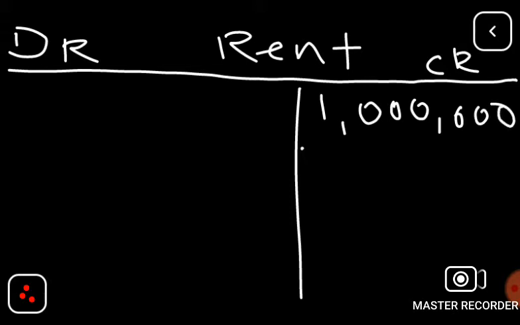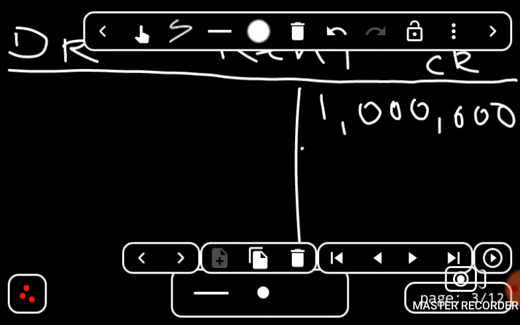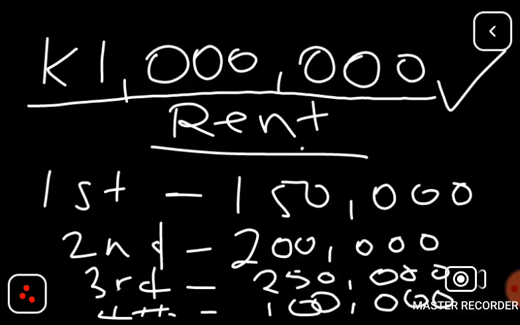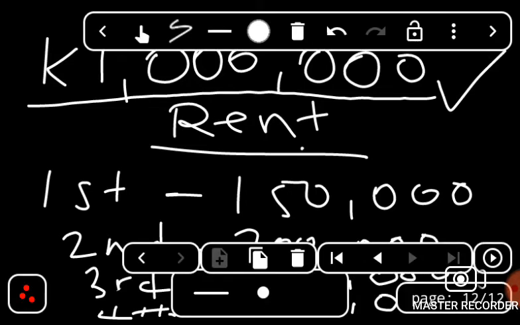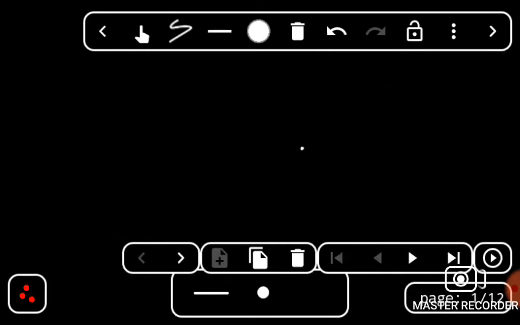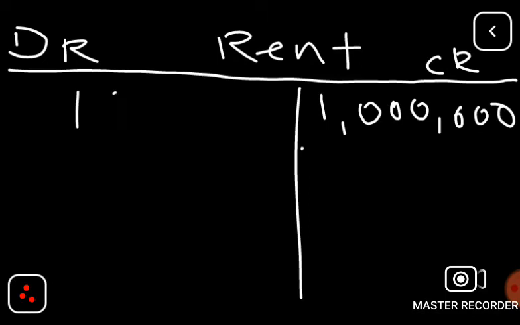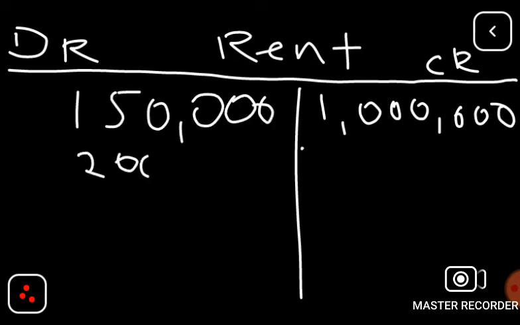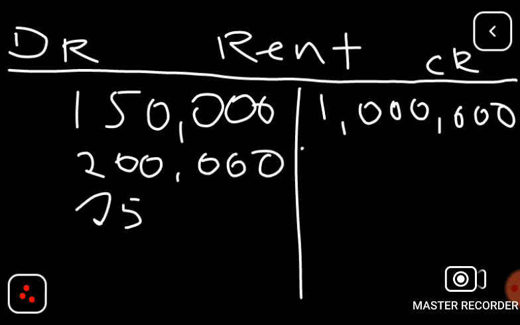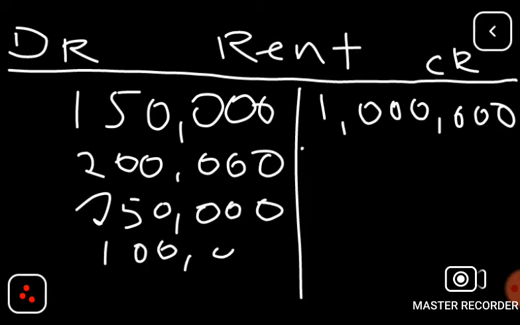Then the cash that we've been paying: the first one we paid 150,000, the second one 200,000, the third one 250,000, and the last one 100,000.